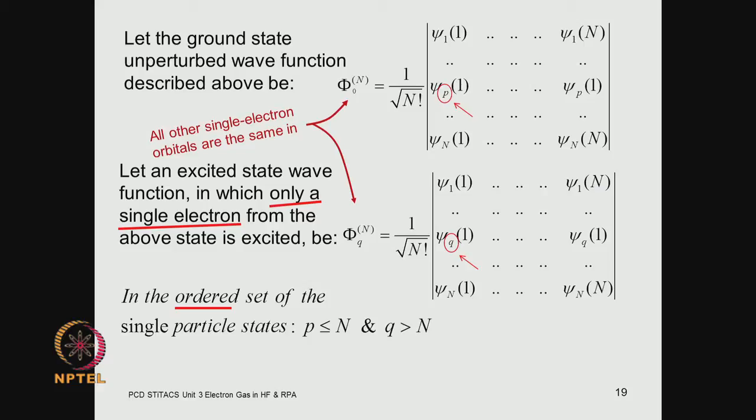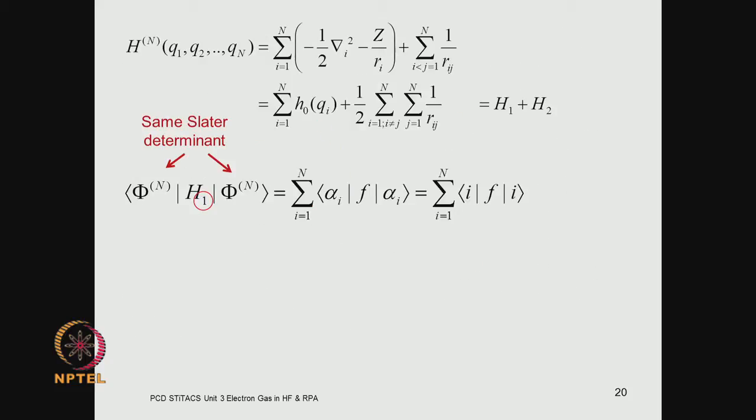That is what we have got. Of course, we are referring to the ordered set. Without reference to the ordered set, this discussion will not have any significance, and in this ordered set q is greater than n and p is less than or equal to n. Now, let us have a look at the matrix element of the single particle operators.